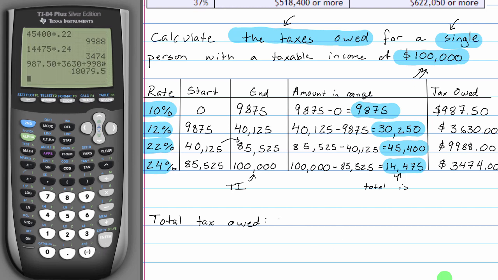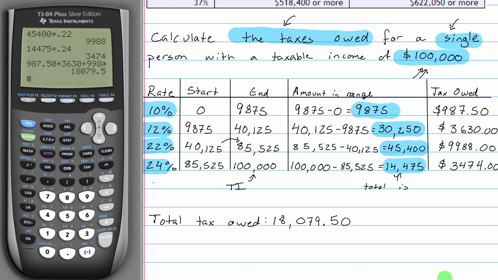So they end up paying $18,079.50. And so that's not by any means 24% of their taxable income. That's a little bit more than 18% of their taxable income.